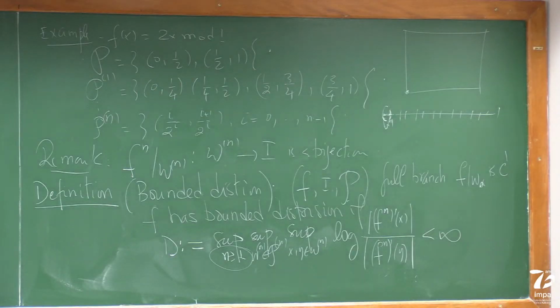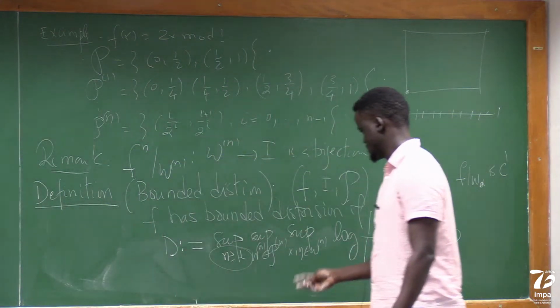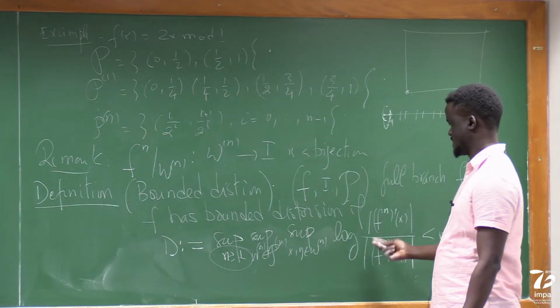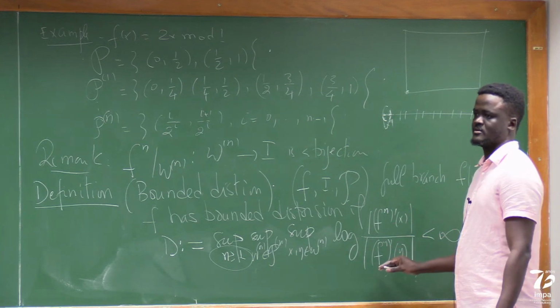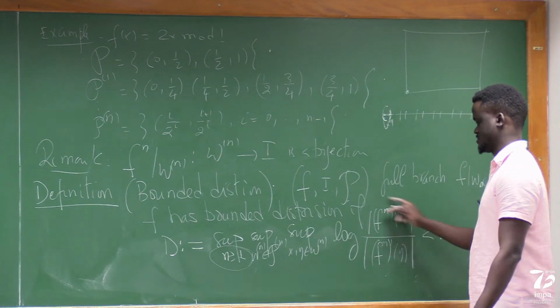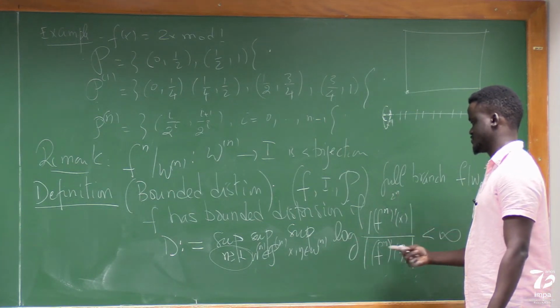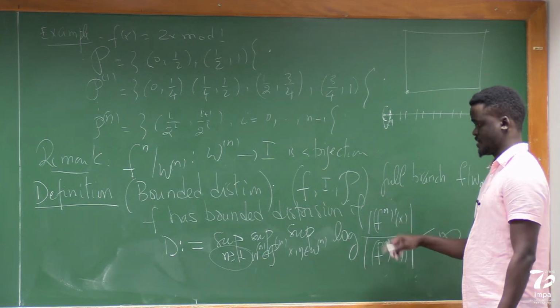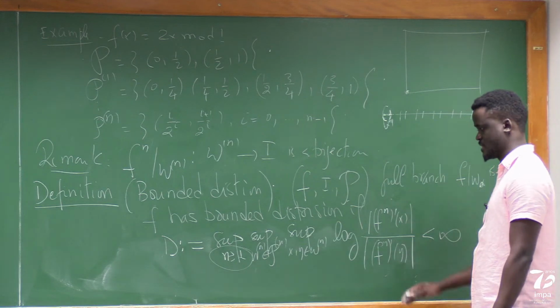I forgot to say that for kx mod 1, for instance, for the decimal expansion, this is 2^n, this is 2^n, so this is 0. The bounded distortion is obvious.